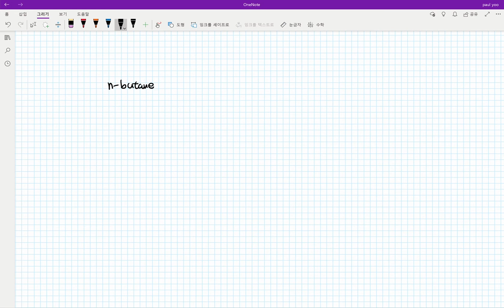A regular butane has CH3, CH2, CH2, CH3, that has a boiling point of negative 0.4 degrees Celsius and melting point of negative 139 degrees Celsius, and it has a linear chain, as you see.